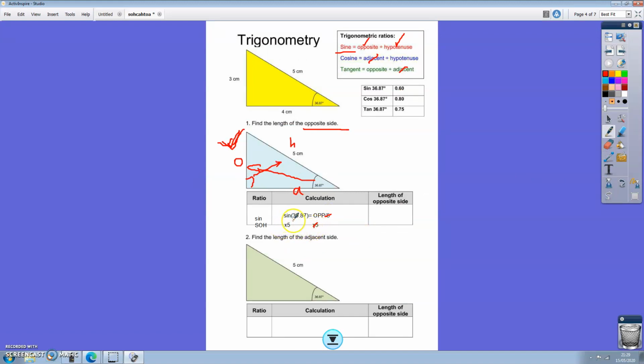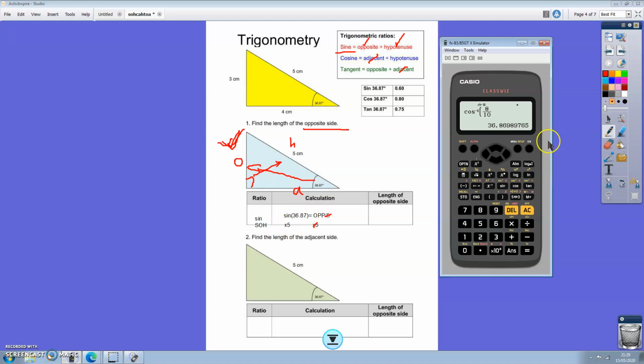So what do I end up with? Sine 36.87 times by 5. So that's what I'll put into the calculator. Sine of 36.87, close bracket, and I'm going to times that by 5, and that's going to give me 3.00000.